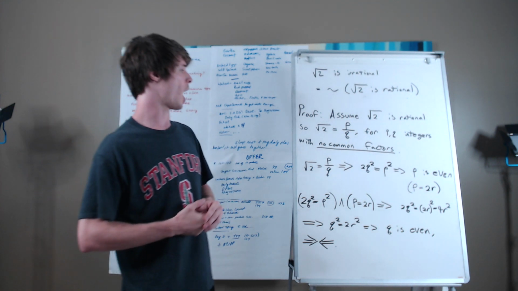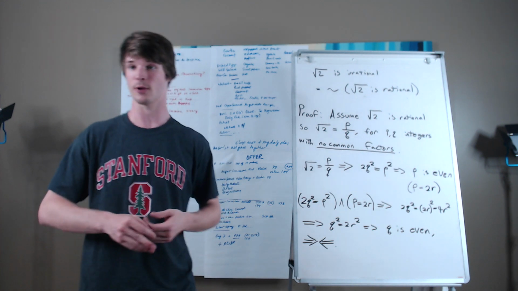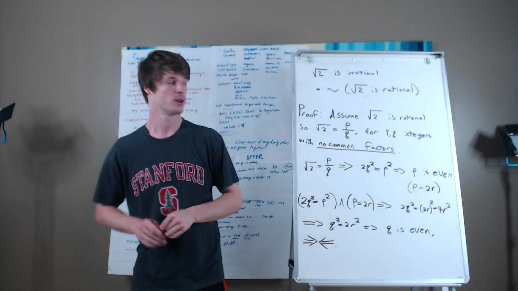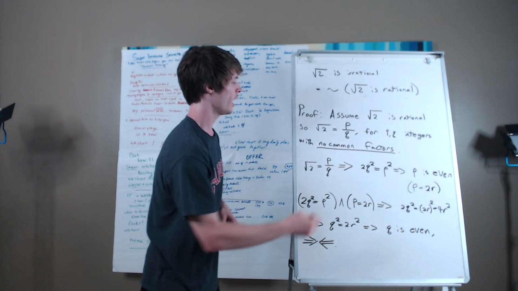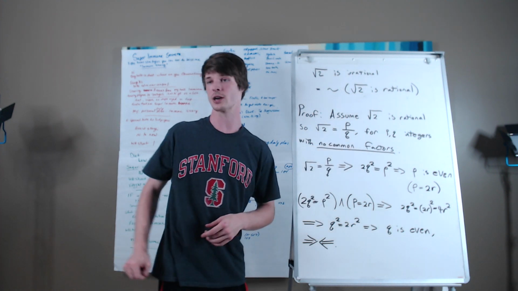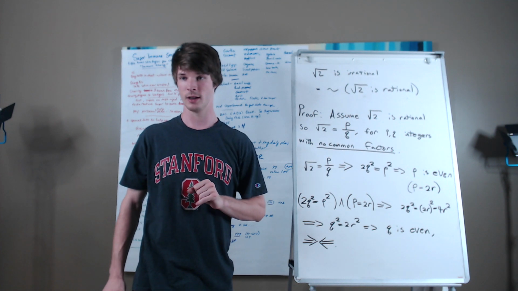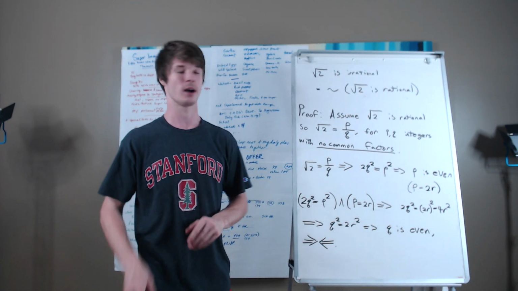So I know, just by the meaning of the word rational, that what it means to be rational is actually that there is a fraction that represents you. So if the square root of 2 is a rational number, then that tells me that there is a fraction p/q for some integers p and q. And they don't just have to be any p and q that does this.